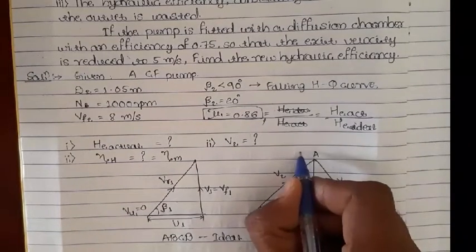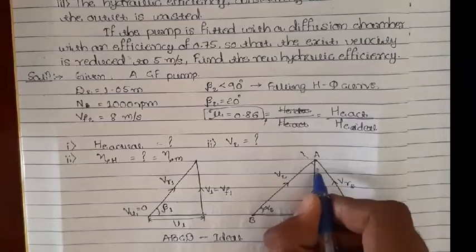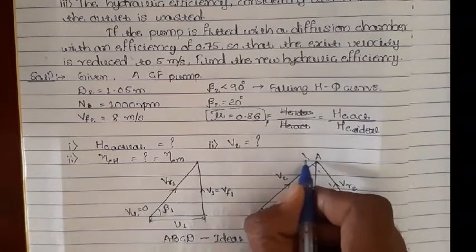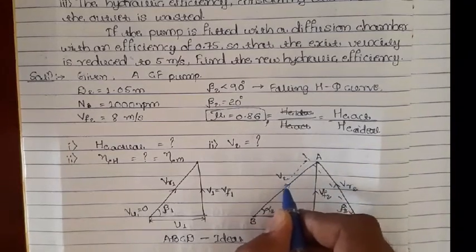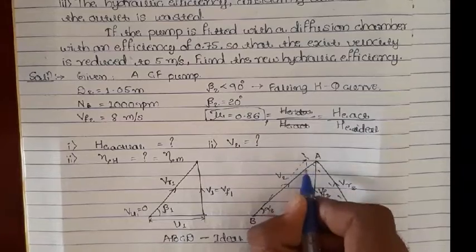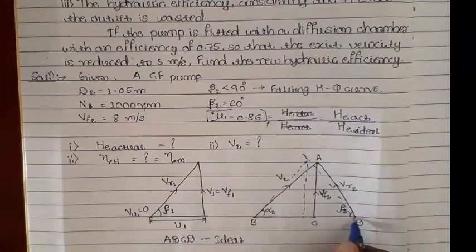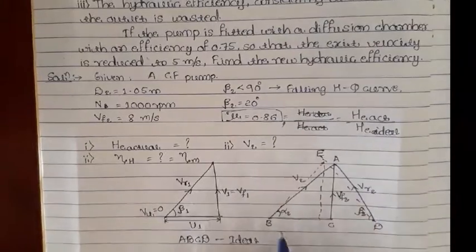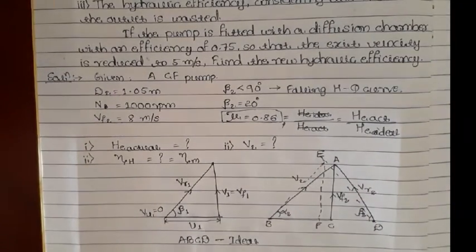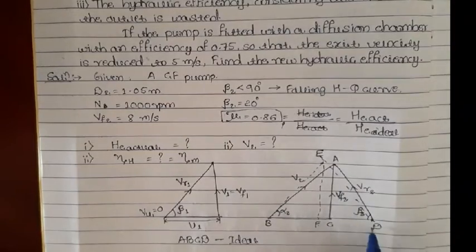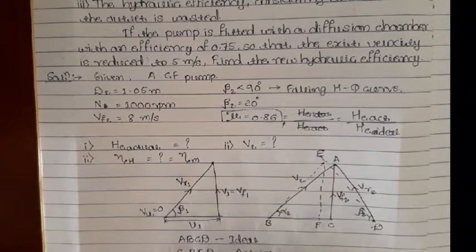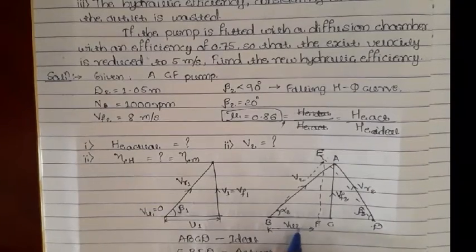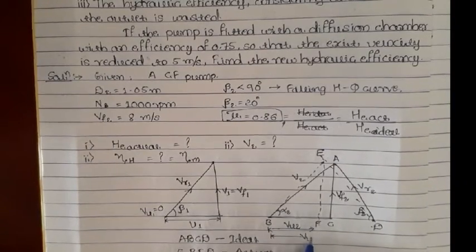Let me write clearly, taking from this point, A, B, C, D, E, B, F. EBFD is the actual triangle, wherein you can see the reduction in Vu2 has happened. This is Vu2 actual, this is Vu2.